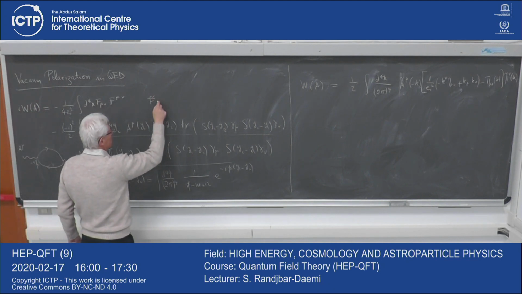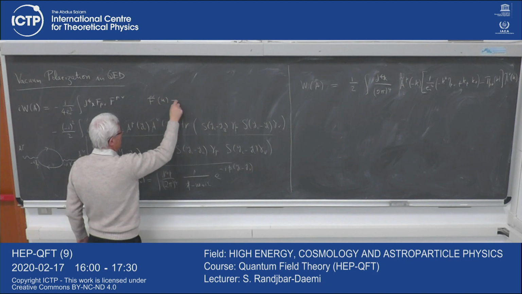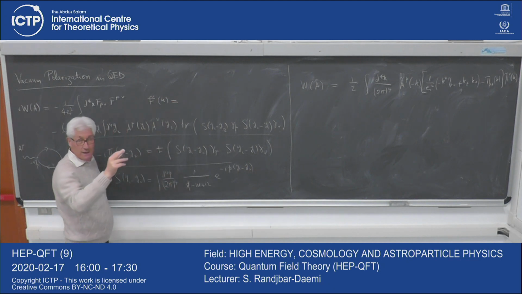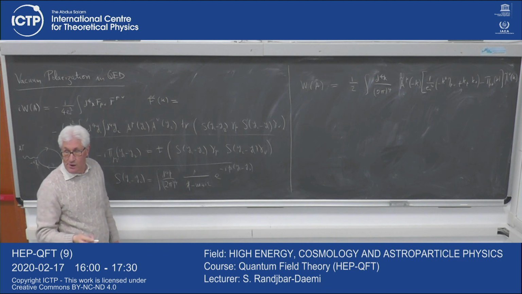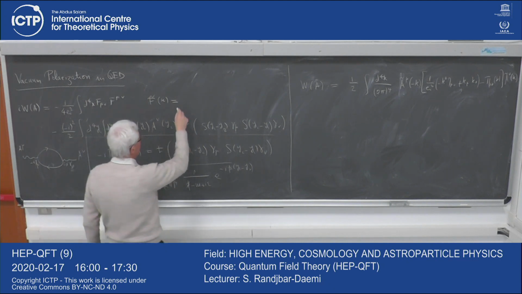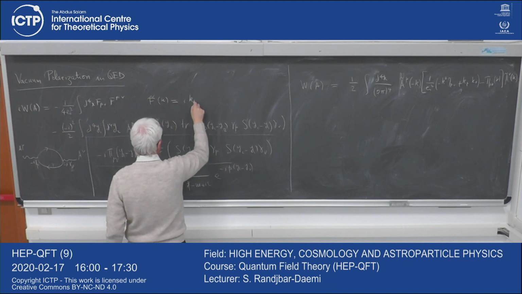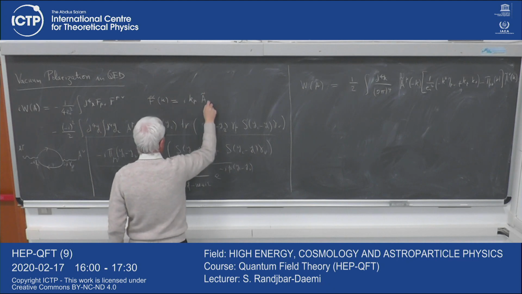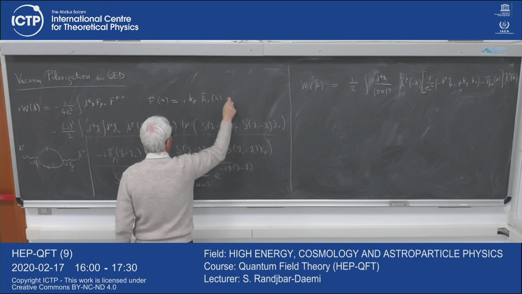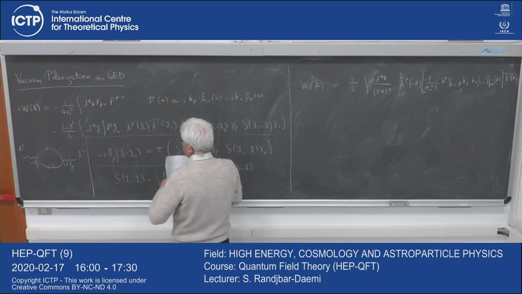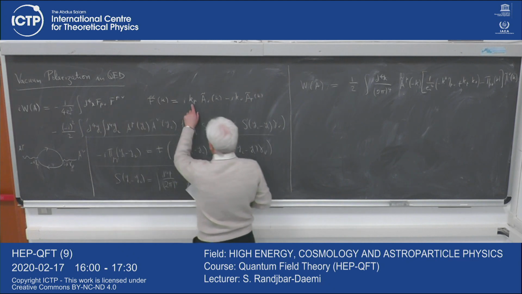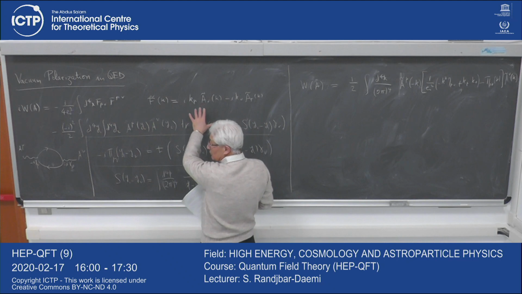Remember that in Fourier space, d mu becomes i times k. So it's i k mu A tilde nu of k minus i k nu A tilde mu of k. And when you square this, there will be k squared terms coming from that.